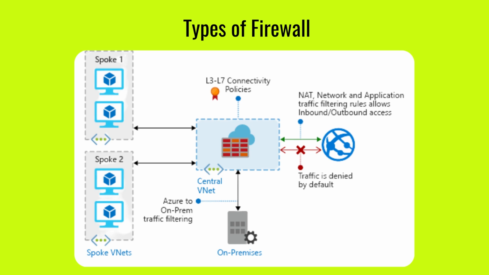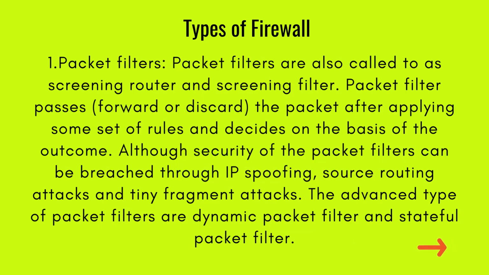Types of firewall. Number 1. Packet filters. Packet filters are also called screening router and screening filter. A packet filter passes forward or discards the packet after applying some set of rules and decides on the basis of the outcome.